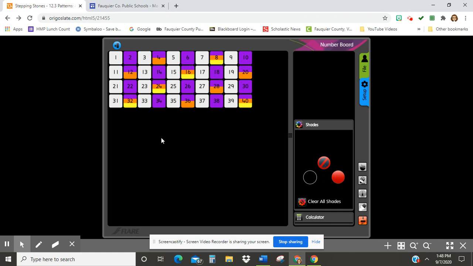All of these numbers that we did for 8 have a 2 and a 4 in them. Those kind of look like candy canes to me. What do you think?